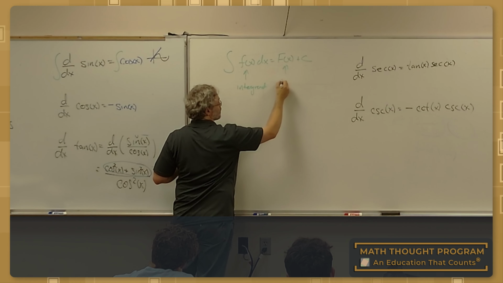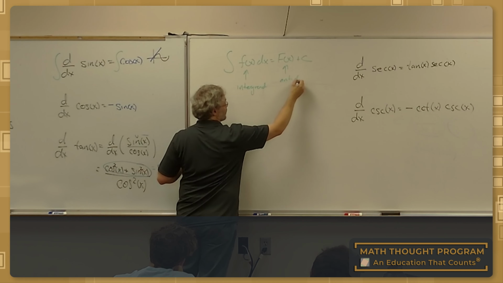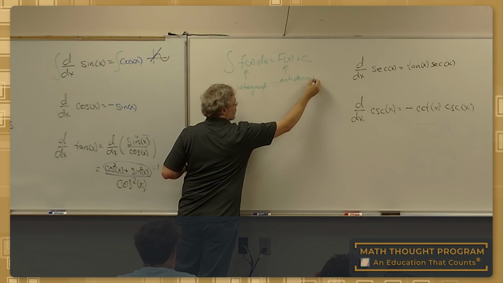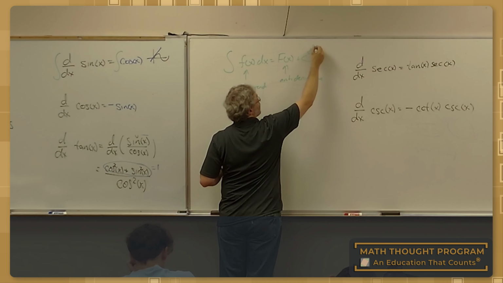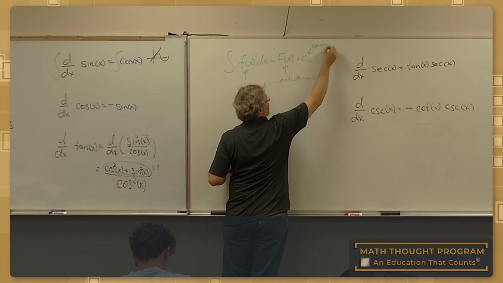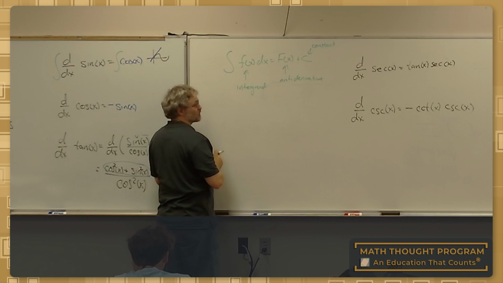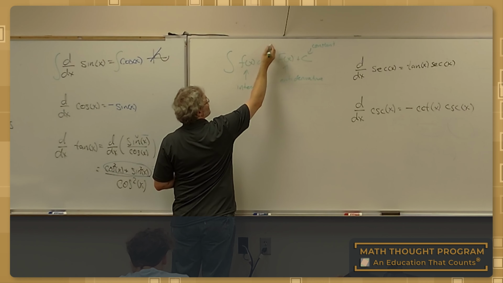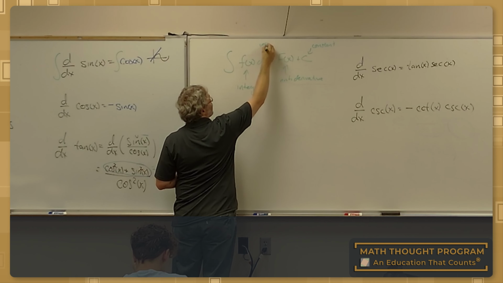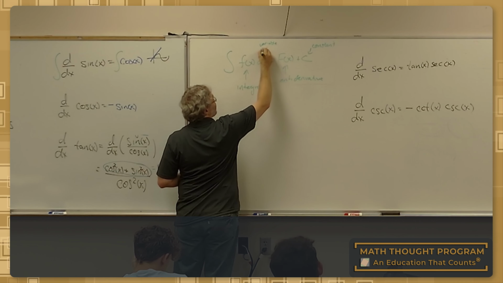This part right here is known as your antiderivative. Here you have something called your integration constant, your plus c. Please don't forget your plus c. And then this part right here is our variable of integration.